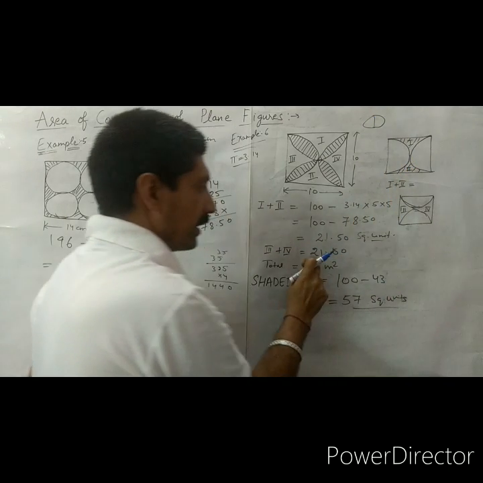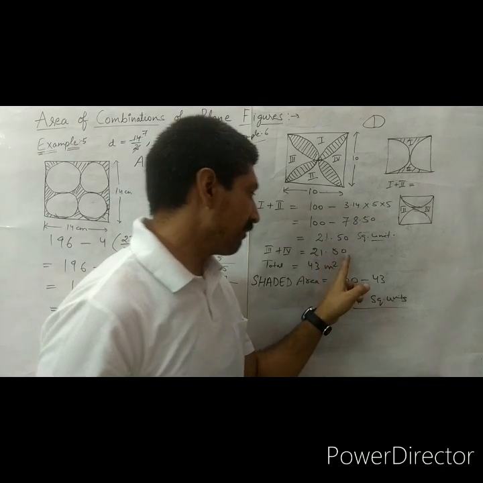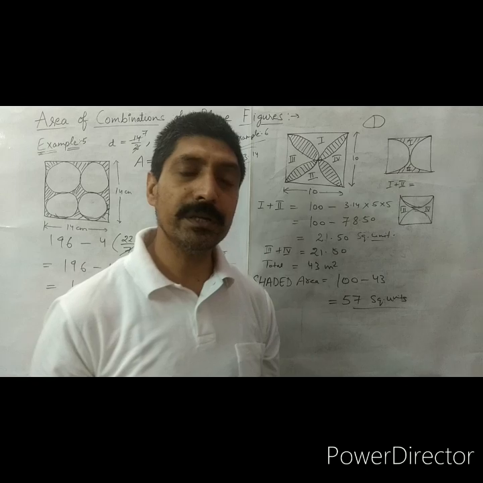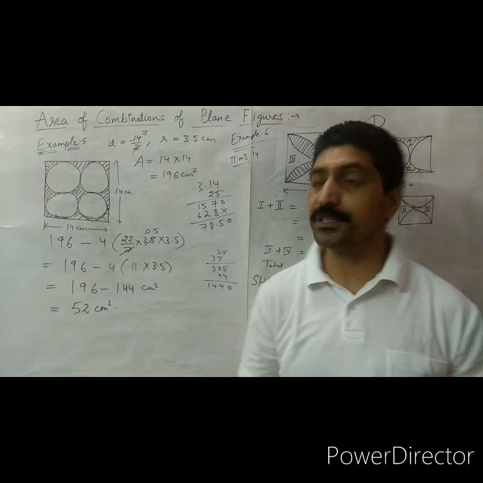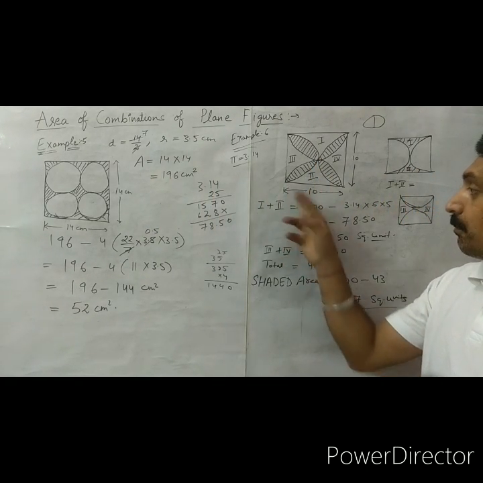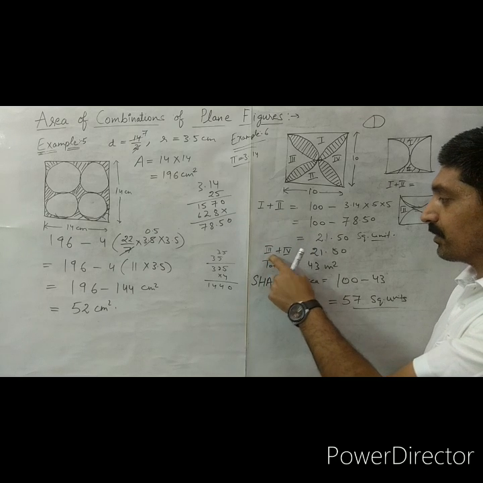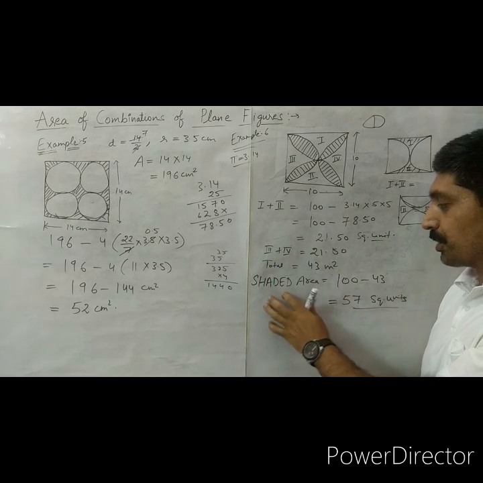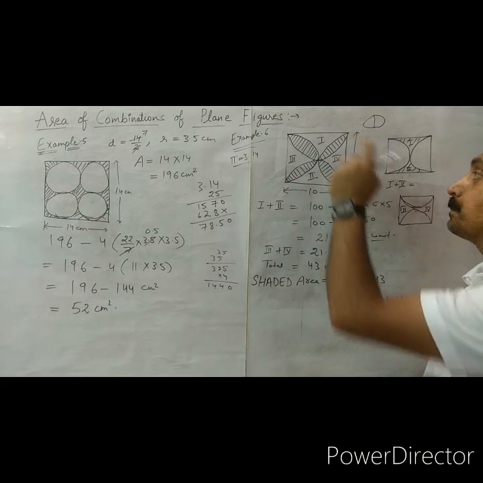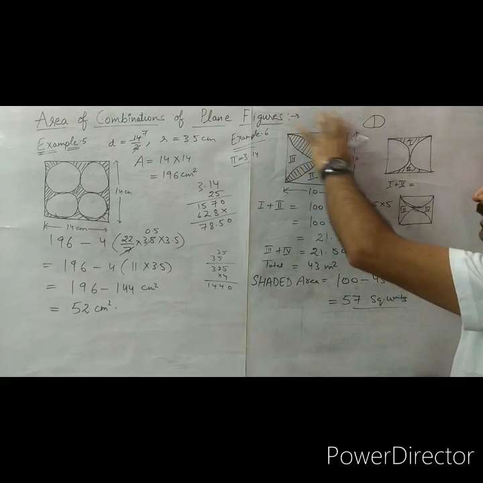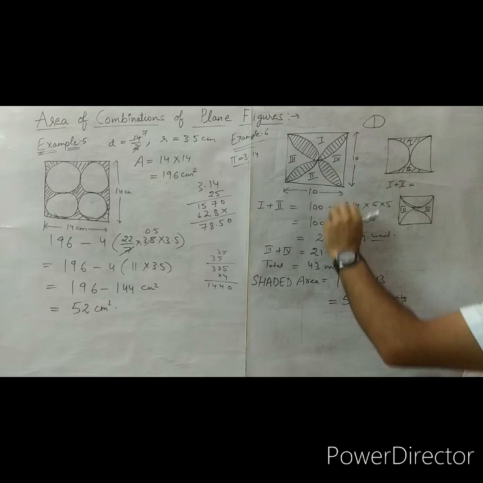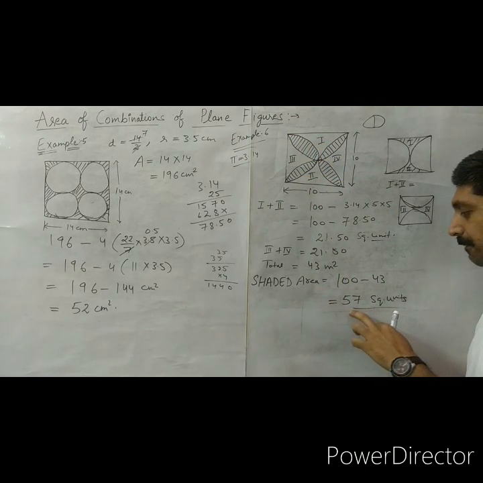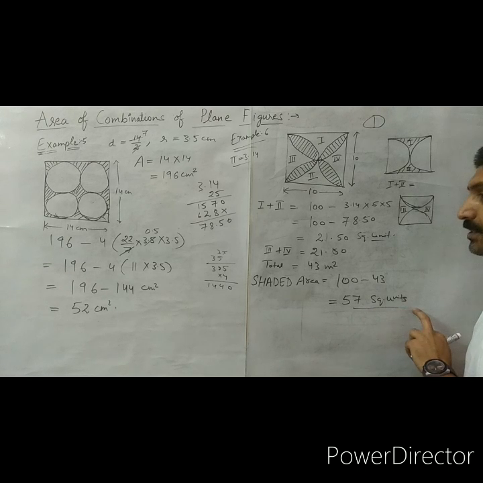So this is equal to 21.50. Similarly, area 3, area 4 is the same, 21.50 square units. So adding both the portions, area 1, area 2 and area 3, area 4, we have 43 square units. Now this shaded area is equal to the area of the complete square minus area 1, 2, 3, 4, which is 57 square units.